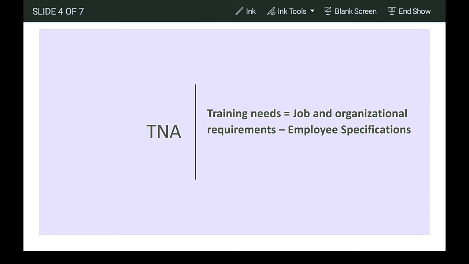You need to understand what are the functional, technical, and behavioral skill sets required to perform in a job, plus what are the different types of skill sets required to perform in an organization. And then you identify the need of the training among the specific employee and impart the training to that person.